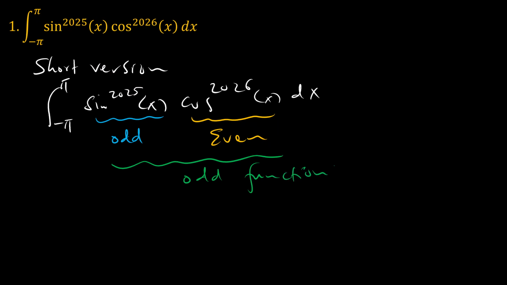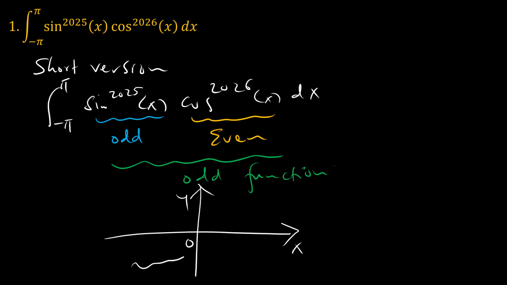So which means that if this is 0, this is x, and this is y, you'd have something like this, right? And this area here would cancel with that.